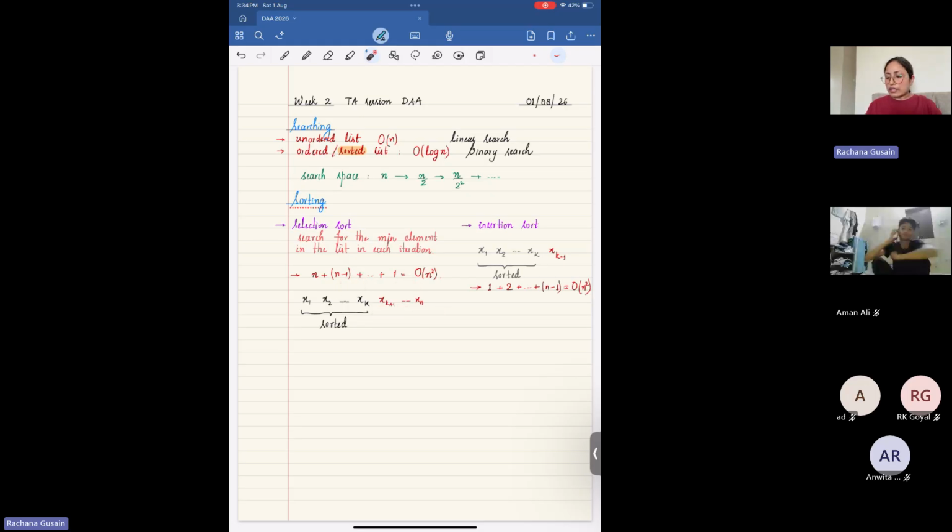Now, after k iterations, we know that both the sorting algorithms will have the first k elements sorted. That is correct, right? Of course, they are not the same, because both these algorithms work in different ways. Now, my question is, in what ways do they really differ?